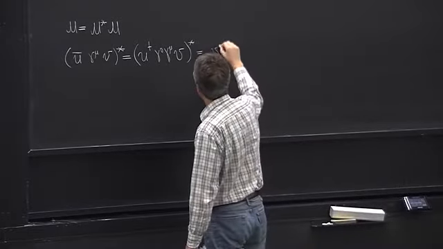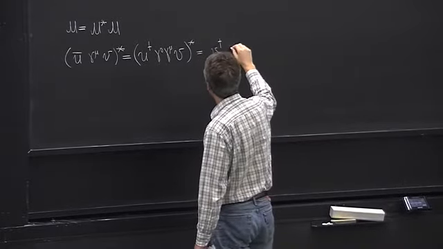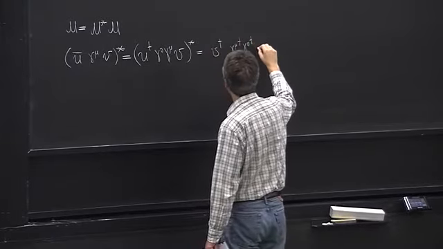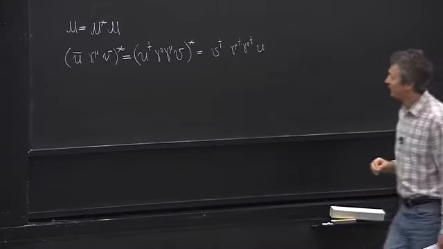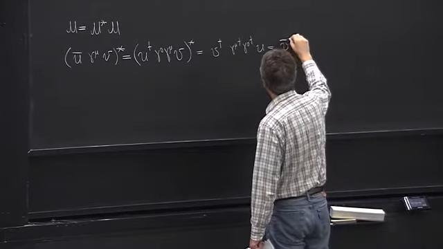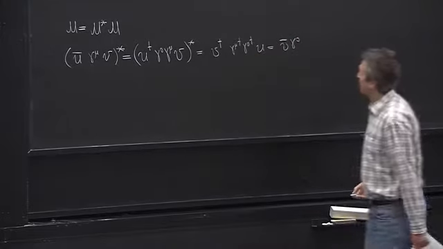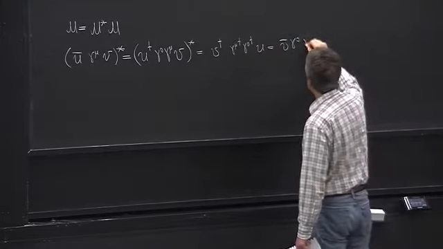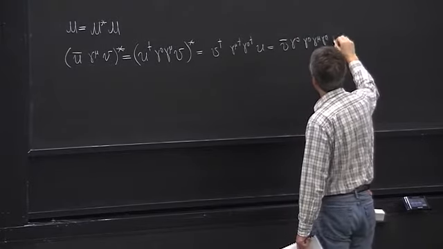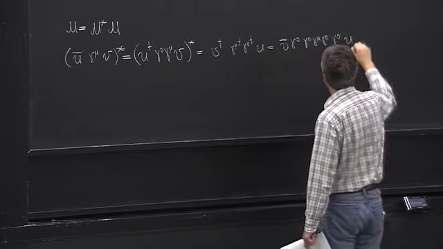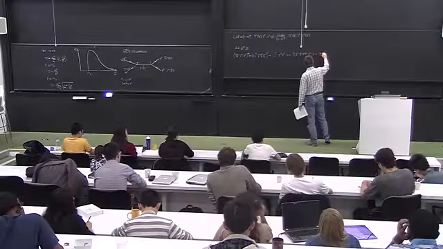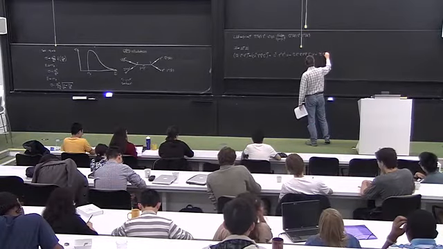By definition this is V dagger gamma mu dagger gamma 0 dagger U. Then V dagger is V bar times gamma 0. Gamma mu dagger is gamma 0 gamma mu gamma 0, and gamma 0 dagger is gamma 0. So at the end, this becomes V bar gamma mu U.